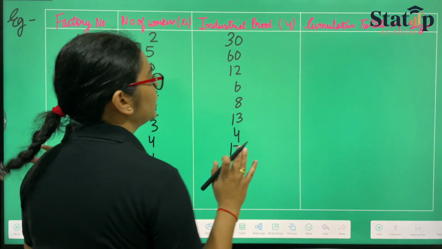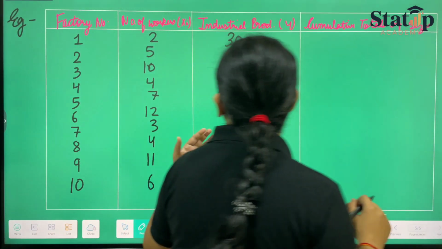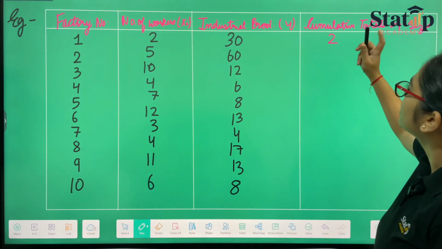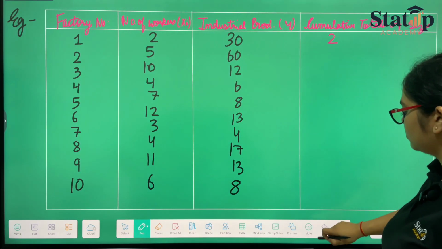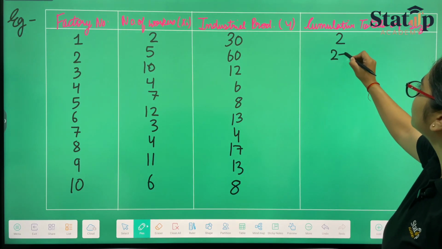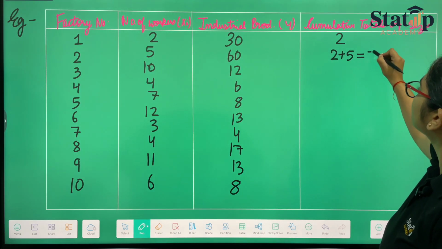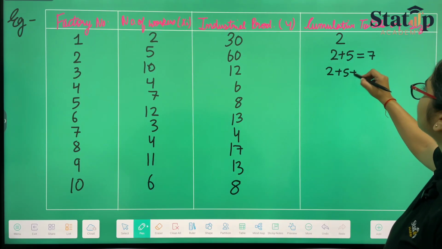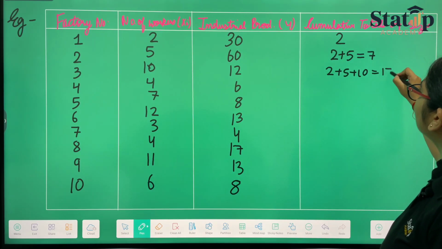So now we have to calculate the cumulative total of sizes xi. The first one will be 2 only. The second one will be 2 plus 5, which equals 7. The third one will be 2 plus 5 plus 10, which equals 17.